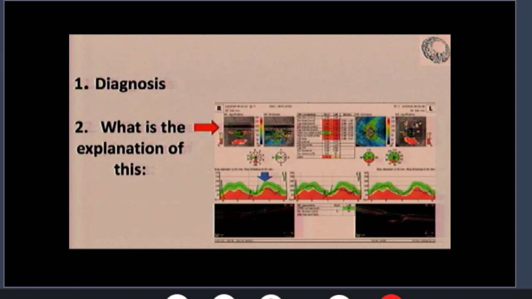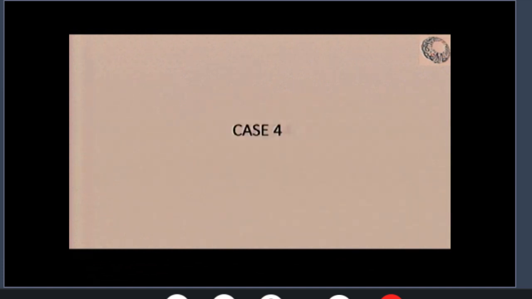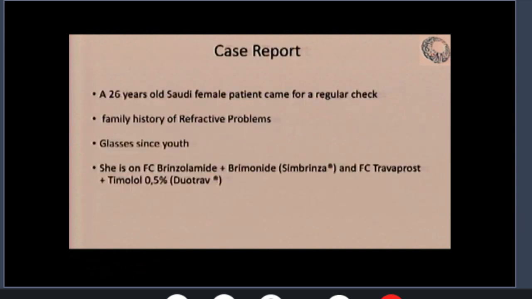Okay. Case 4. 26-year-old female patient came for a regular check. Family history of refractive problems, glasses since youth.